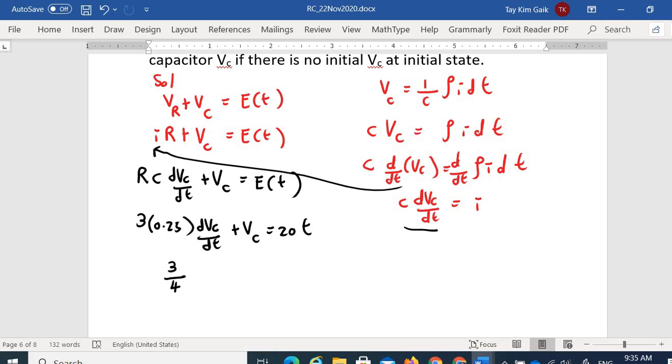So the coefficient here is actually 3 over 4: 3 over 4 dVC dt plus VC equal to ET, which is 20t.